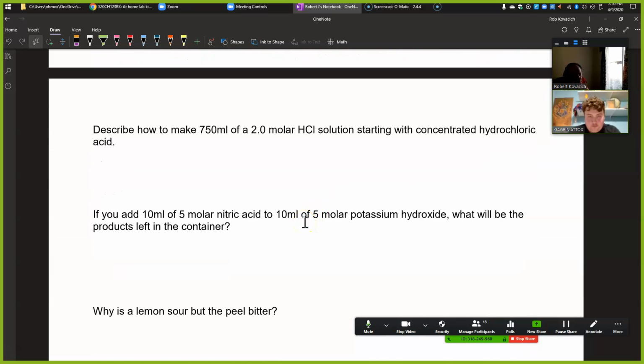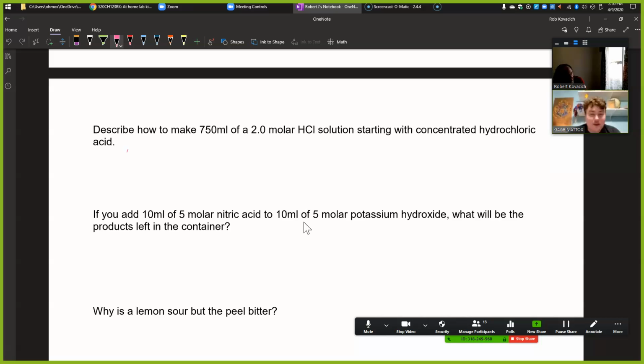Describe how to make 750 milliliters of 0.2 molar hydrochloric acid starting with concentrated hydrochloric acid. So which equation are we doing here? I thought we used the dilution equation. You use the dilution equation.